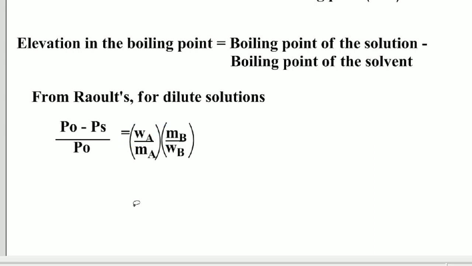Students, WA by MA into MB by WB, so P naught minus PS by P naught equals WA by MA into MB by WB.